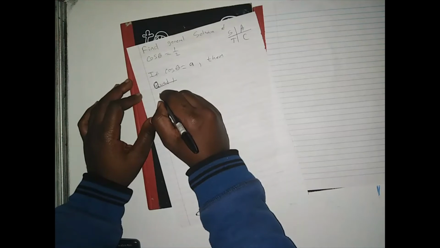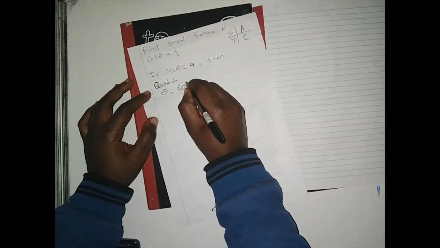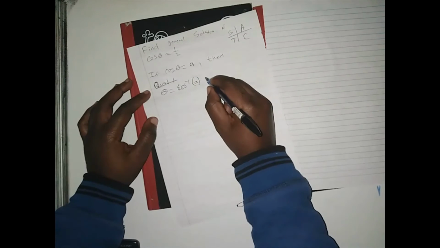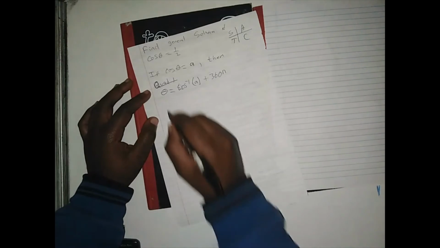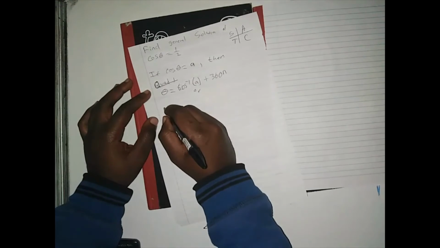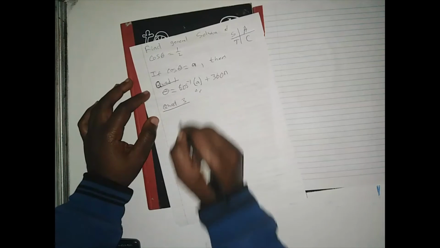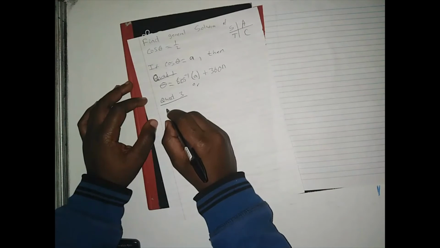You're going to have theta, which is equal to the reciprocal of cos evaluated at A, which is this value that you have here, and then plus 360 n, and then you will have a solution in quad 3, which is what? Which is theta.